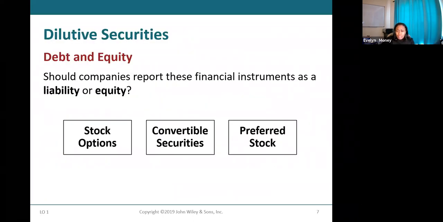So when you hear the word dilutive or dilute, you're thinking of something being watered down. The earnings per share calculation is a key indicator that investors use to determine whether or not the company is being profitable.